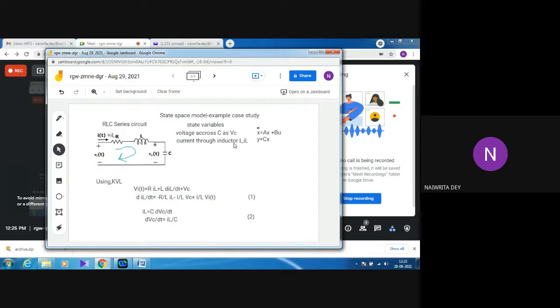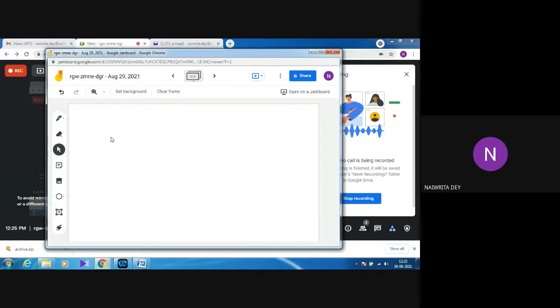IL is one state variable, and the other one is VC. Accordingly, I will put it in matrix form. This will be our E matrix, a square matrix of order 2 cross 2, because this is a second order system.